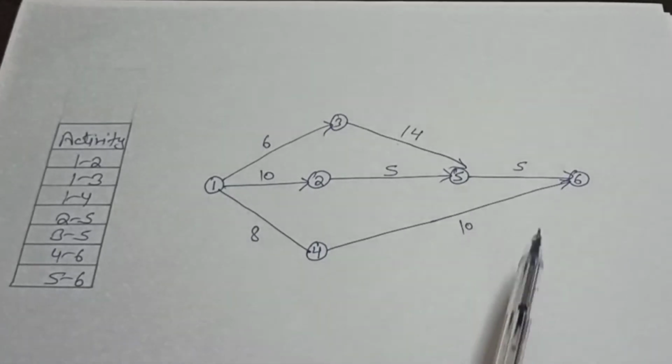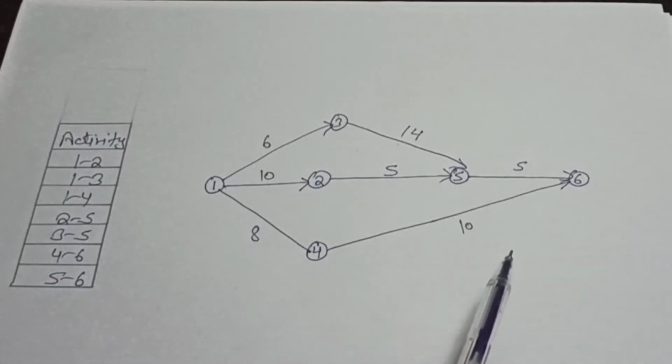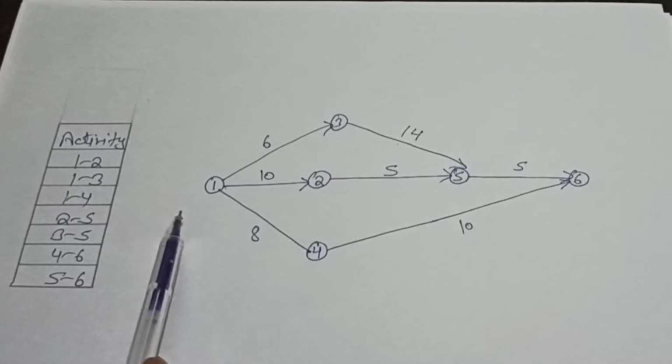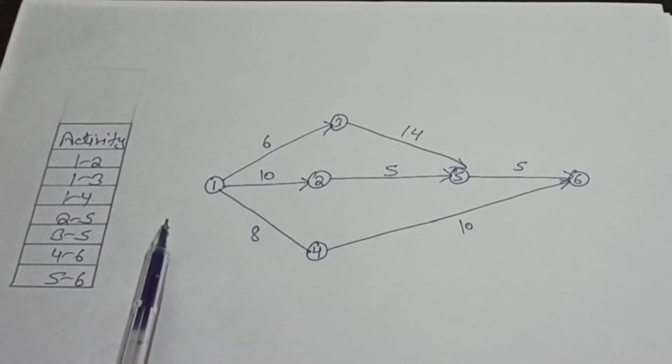Now we will calculate in this diagram the E values and L values, as the E value is the earliest start time of the activity and the L value is the latest finish time of the activity.